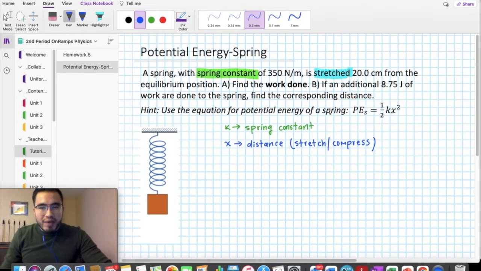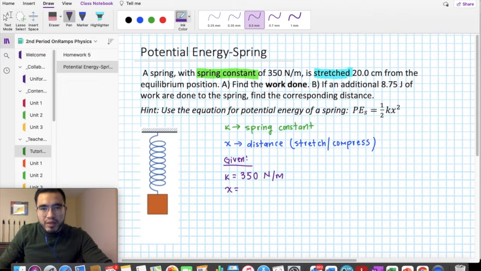So now that we have defined these things, spring constant and the distance, we can start with the given, and we're going to start with question A. So the given is pretty straightforward. We have the spring constant K of 350 newtons per meter, and we have distance of 20 centimeters.